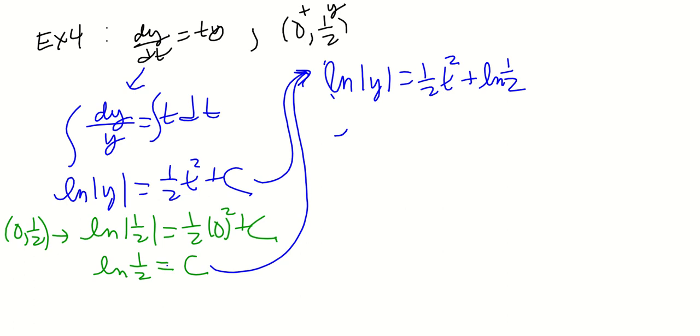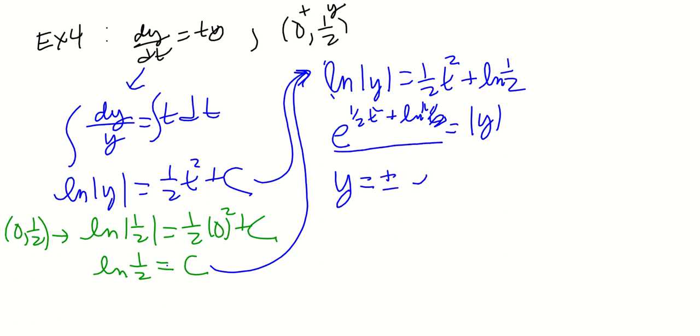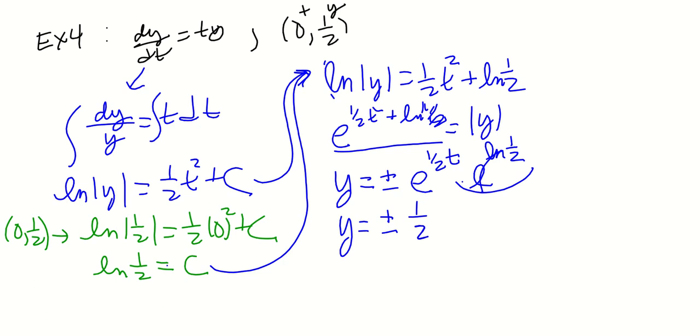Now using our circle rule, we get e to the 1/2 t squared plus the ln of 1/2 equals the absolute value of y. So we get y equals plus or minus, breaking this up into the product of powers, e to the 1/2 t times e to the ln of 1/2, which is 1/2, times our e to the 1/2 t.